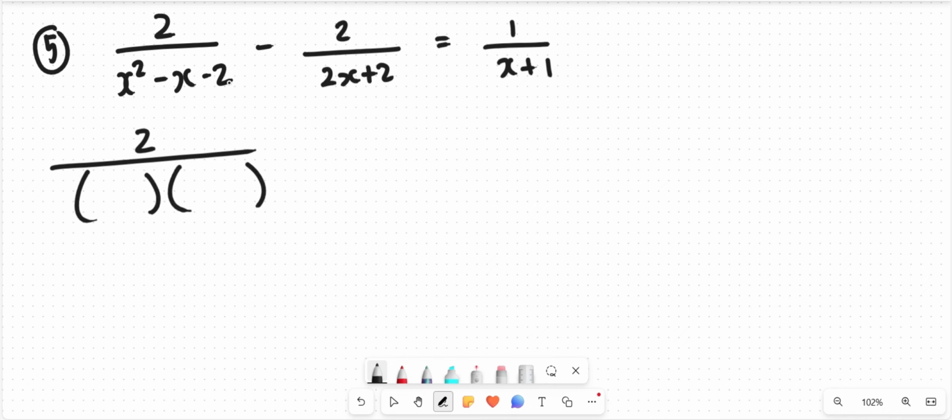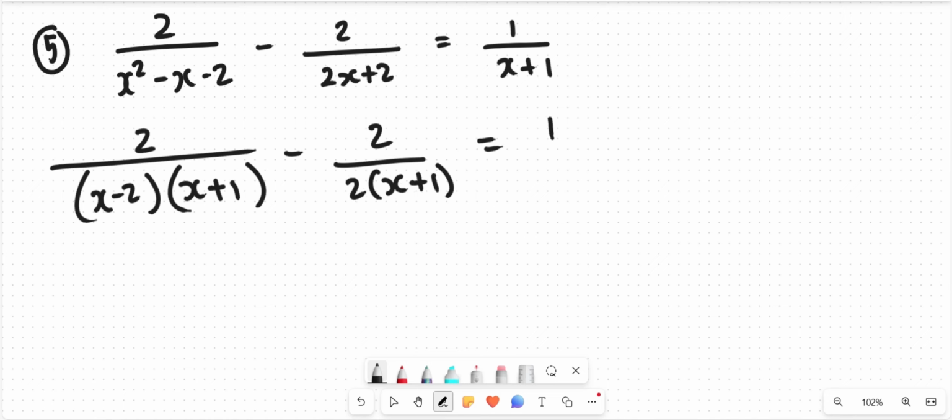So the factors of negative 2 that add to give me a negative 1 are a negative 2 with a positive 1. For the second one, I just take out a 2. I'm left with an x plus 1. And the last fraction, there's really nothing we can do there. Now it should be easy to see what our LCD is.